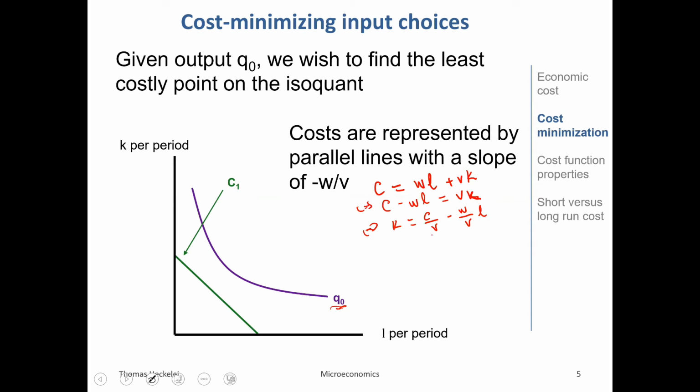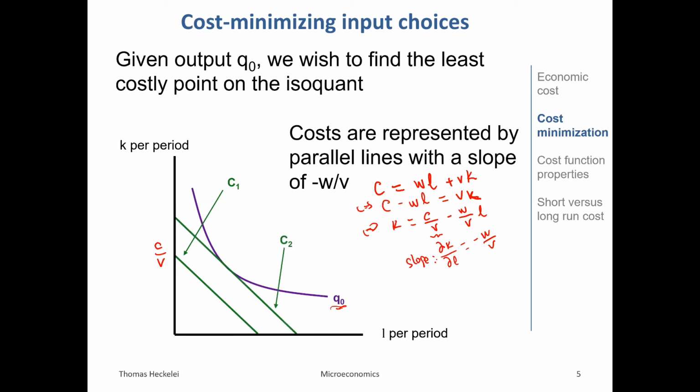So here we got the intercept, which is C over V. And then the slope. What is the slope? The slope is the derivative of K with respect to L, which is minus W over V, right? And that is why it's very similar to the budget line case before.